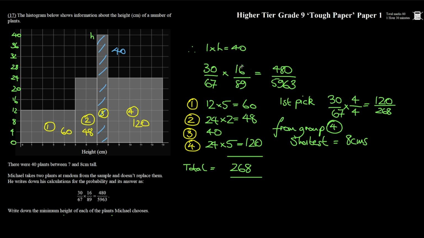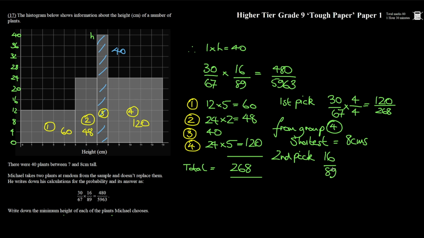Now what about the second group? So this is the second pick. And his probability was 16 over 89. We need that up to 267 because remember, he's not going to replace this first bloom back in the basket or bunch or whatever, wherever these flowers are stored. He's going to keep it. So this must get up to 267.